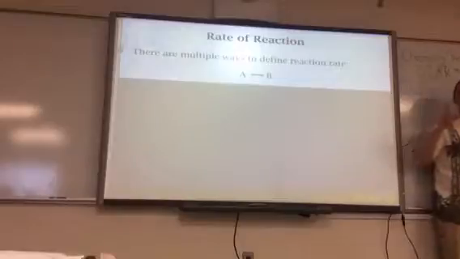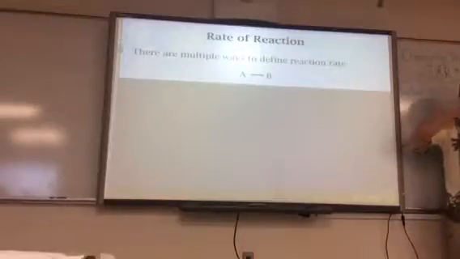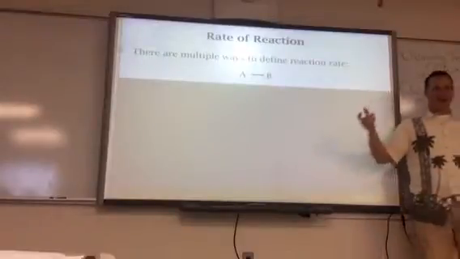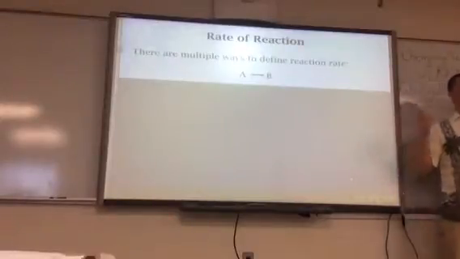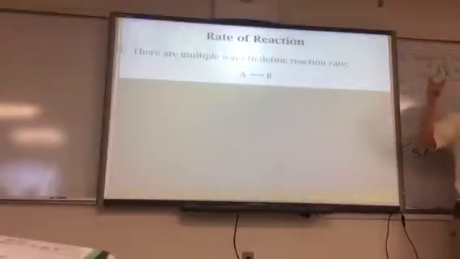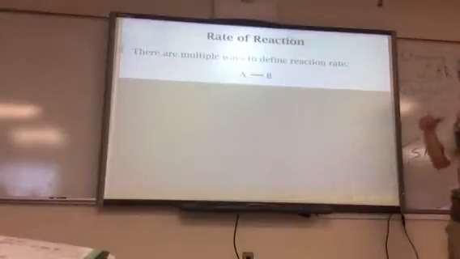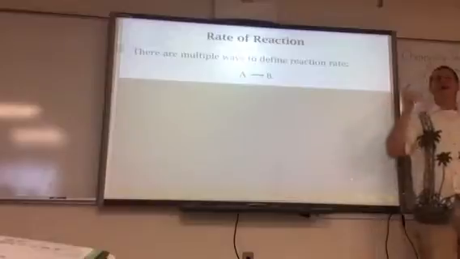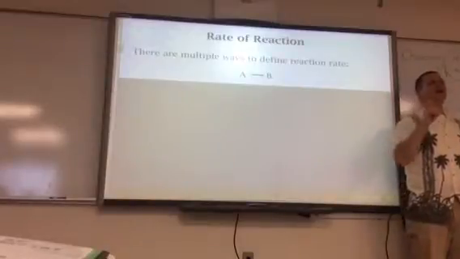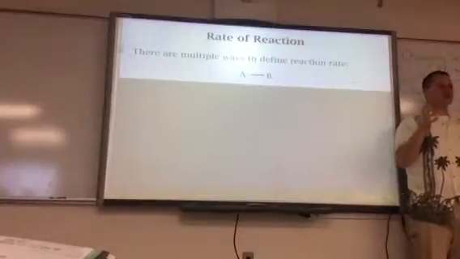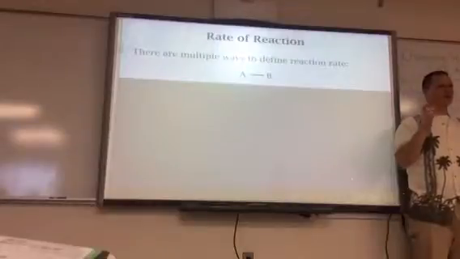You could apply that idea to a car moving, a bike, a person running, a reaction happening. How long does it take to finish? You could also apply that to a liquid pouring. You have different rates of liquid pouring, right? Or a fluid transferring or whatever. So rate always has to do with, in a general sense, change over time.